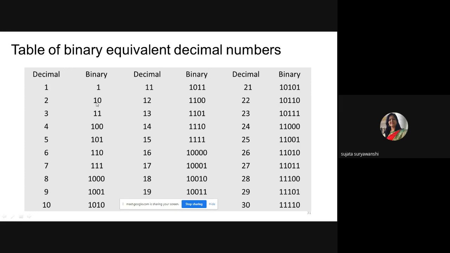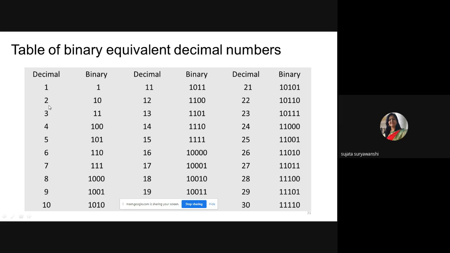The next bit has weight 2 raised to the power 1, that is equal to 2. Then the next bit has weight 2 raised to the power 2, that is equal to 4. So initially if you want to represent 1, then only the last digit will be equal to 1, because the last digit has weight 2 raised to the power 0, that is equal to 1.